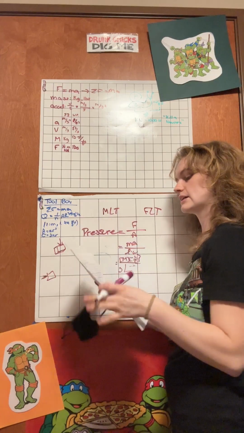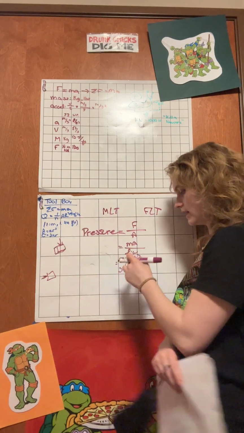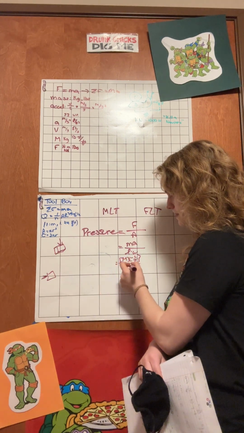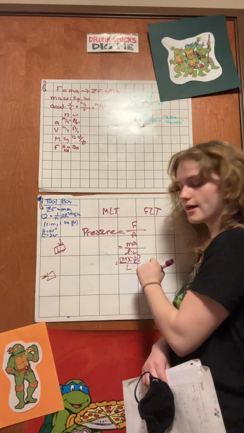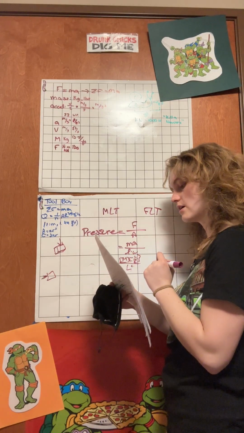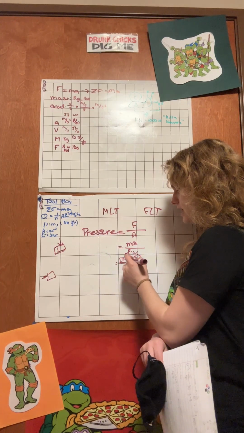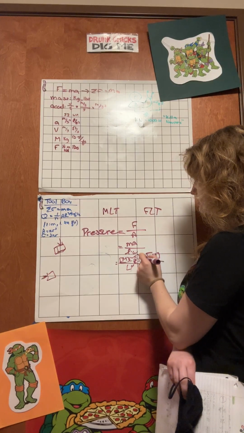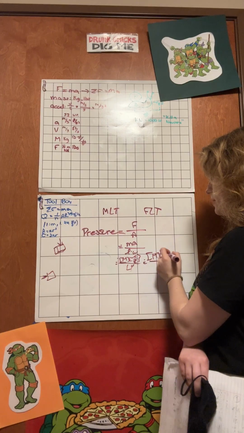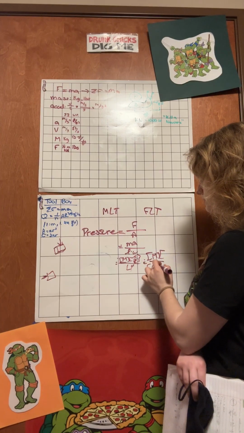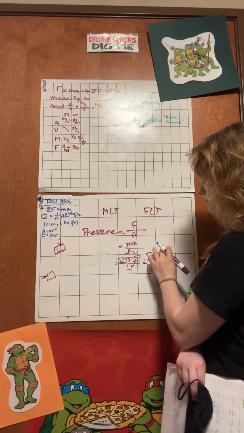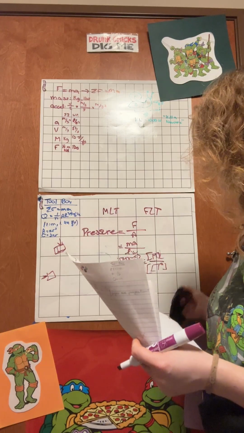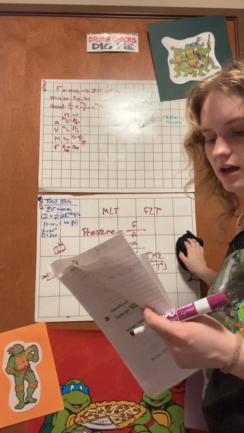I'll write L squared. Oh no, this is T squared. L cancels out though. So now we have mass, don't forget little dots, mass over LT squared. You get that? Mass over LT squared. Perfect.